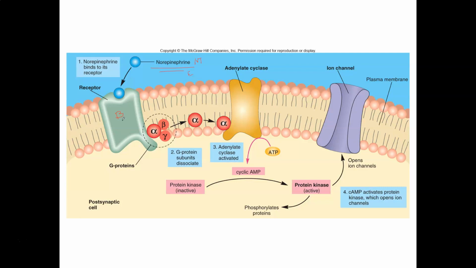So when norepinephrine binds to the beta receptor, it's going to activate the G protein. When the G protein becomes active, the subunits separate. In this image, it shows you the alpha subunit separating, but you should understand that you would still have the beta gamma within the membrane.